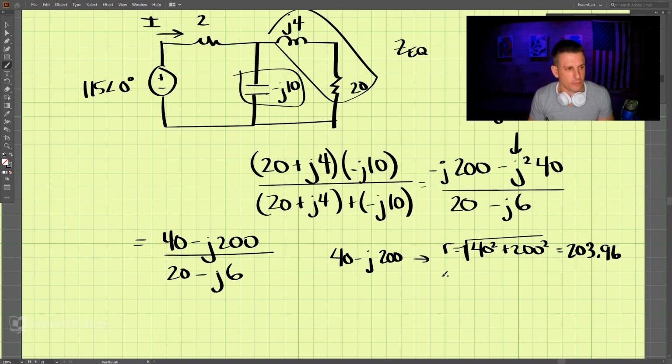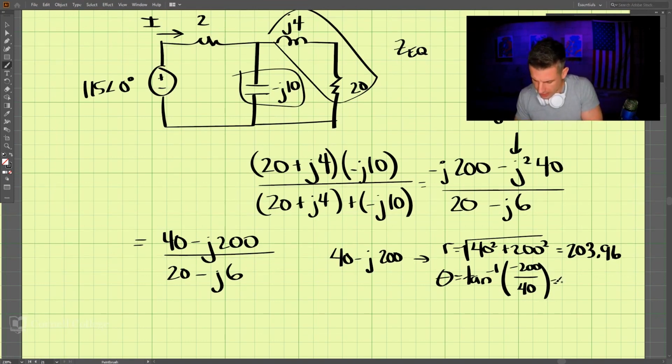And theta is equal to the inverse tangent of negative 200 divided by 40. And that is equal to negative 78.69 degrees.